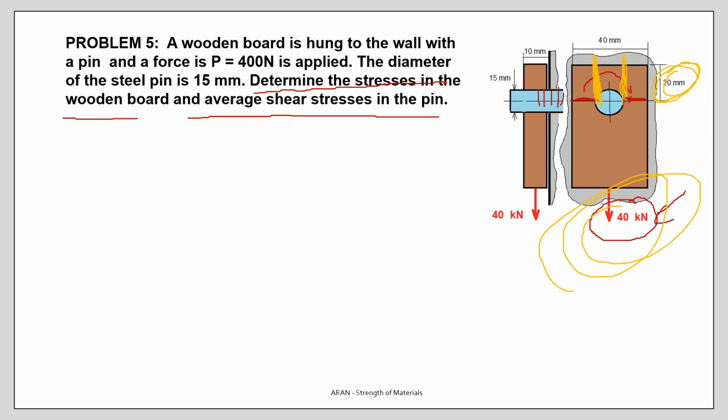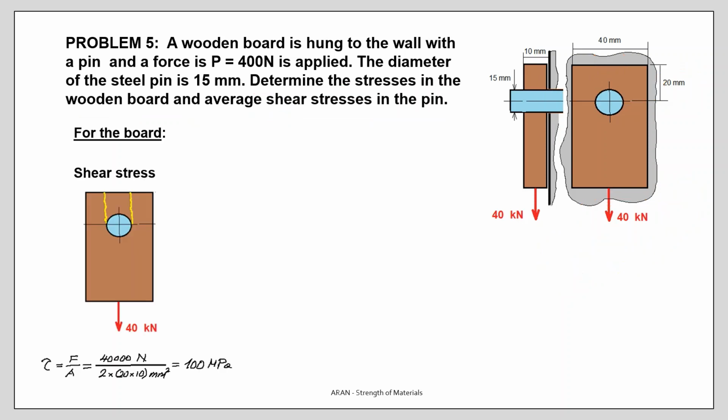The pin is easy, you know. The pin will be cut like this, and we have to calculate these three stresses. Let's start with the shear stress. Shear stresses act on these two sections. So the force acting is 40,000. The area can be calculated.